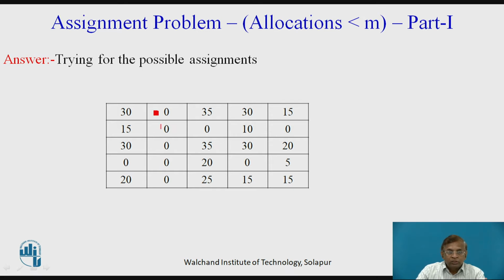Again the rule, as you know, is any additional 0 if it is there in the column we cross out. So we have 4 additional zeros in this second column which we cancel. This is to ensure that we do not allocate more than one cell in the second column. So this is how in the first row we have a single allocation and additional zeros in the column we have cancelled.